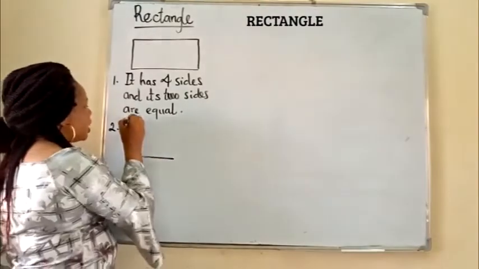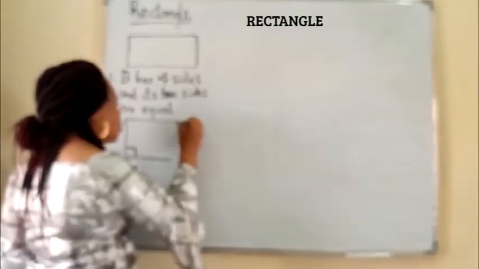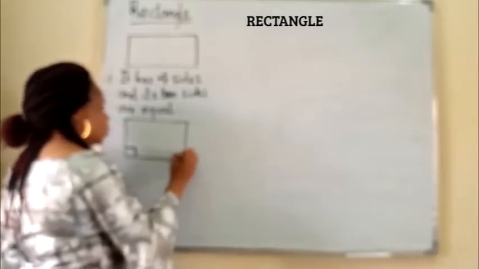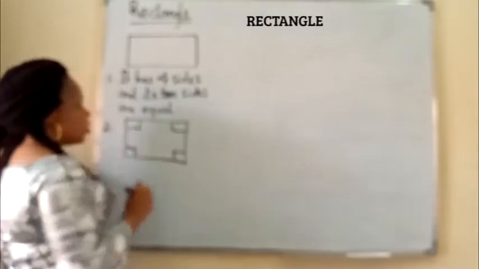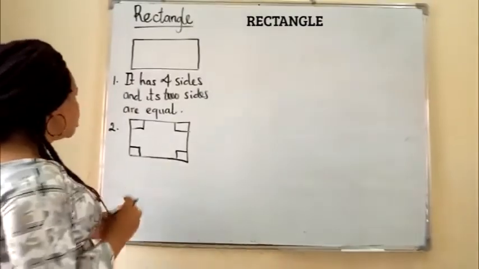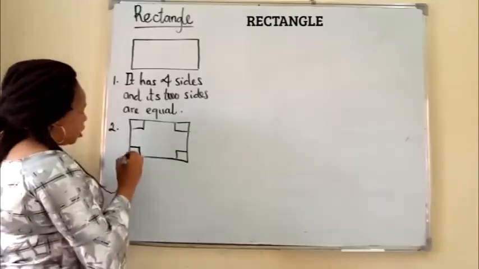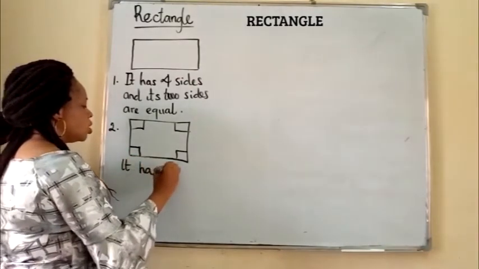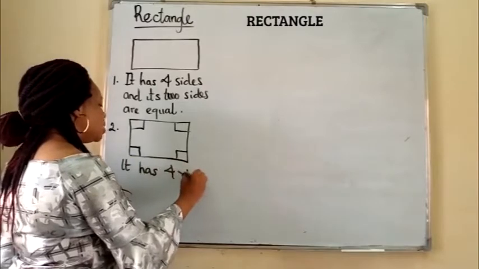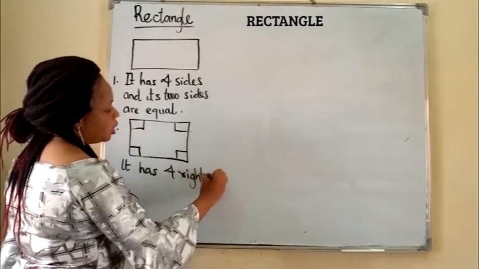So for a rectangle of four sides, it will give us four right angles. So property number 2 of a rectangle, it has four right angles.